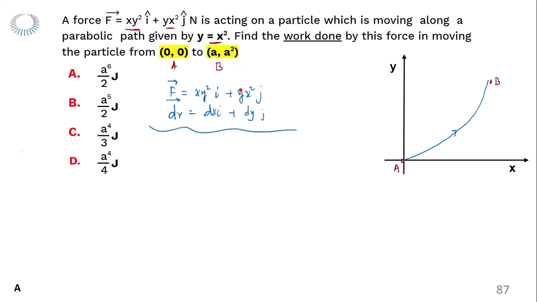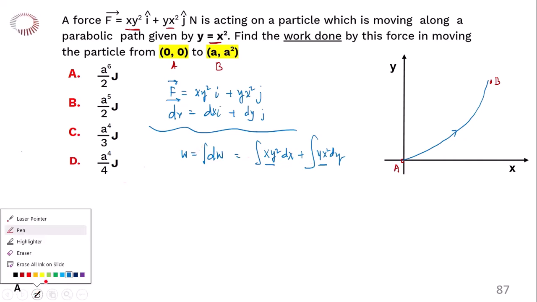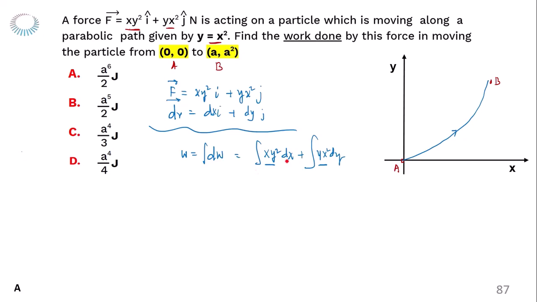W should equal the integration of dW, which equals the integration of xy² dx plus yx² dy. Now in the integration both x and y terms are present, so this sort of integration cannot be done until I know the variation of x or of y. For that, the equation of the path is given: y equals x².